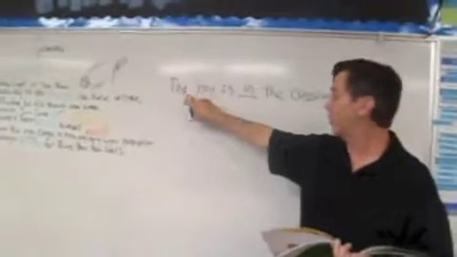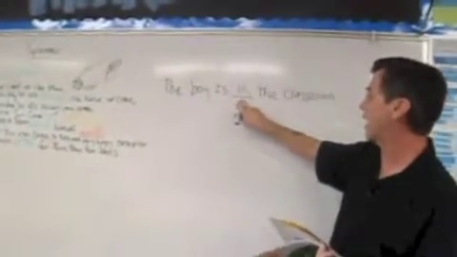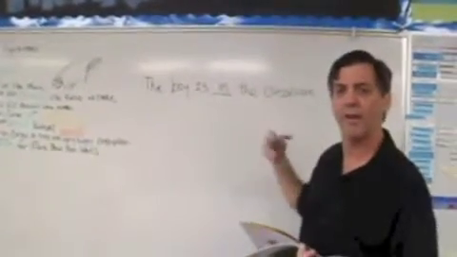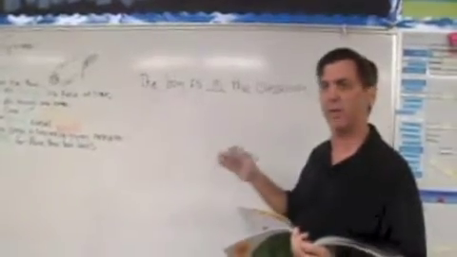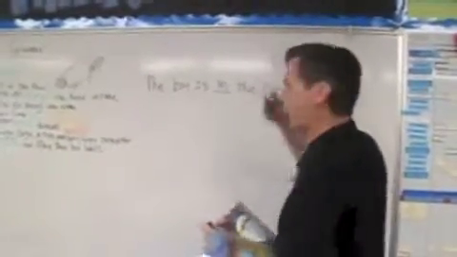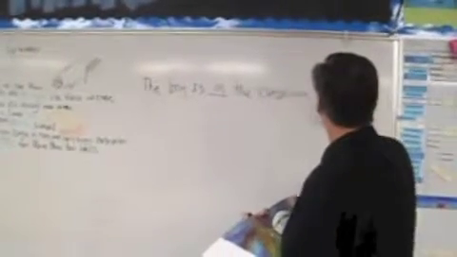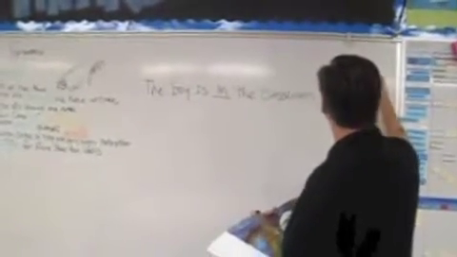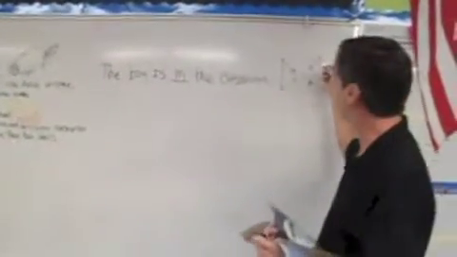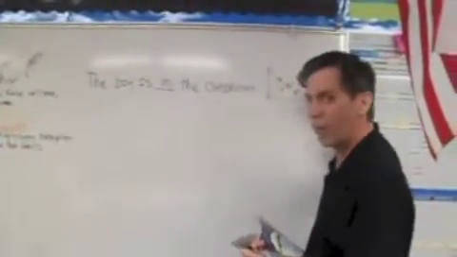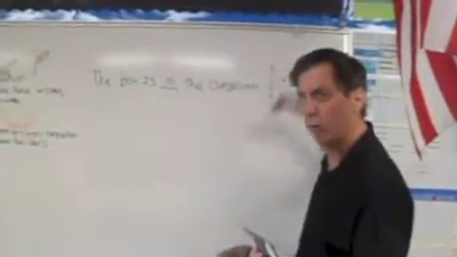And I'll read this. The boy is in the classroom. The boy is in the classroom. So what does that mean? We're going to picture this, and we're going to use a box. Okay? So we have a box, and we are inside the box.